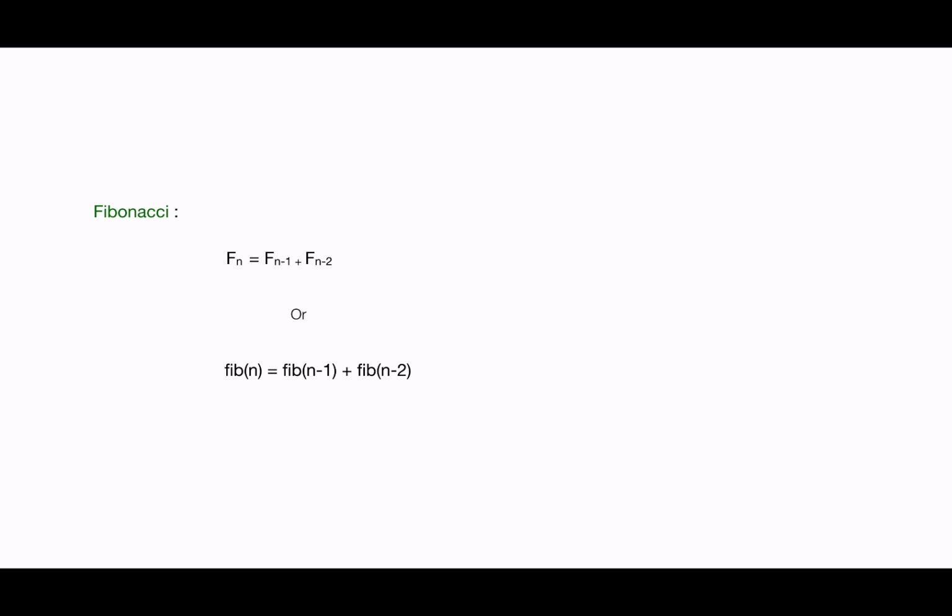Again we have to find the relation of n with its predecessors. So this is again a recurrence relation with some initial conditions: f0 equals 0 and f1 equals 1. Or you can say fib of 0 is 0 and fib of 1 is 1.